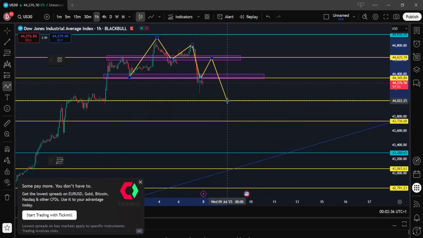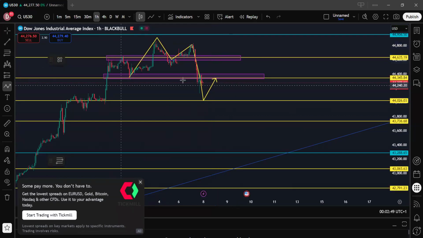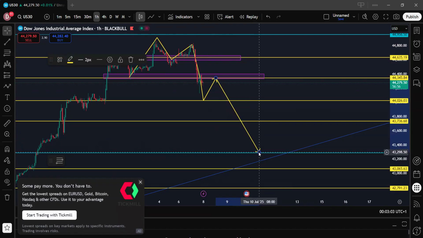Or if that does not take place, we could potentially see a push to the upside and then a retest along this level here, with a continuation push to maybe 43,800, or back to 43,290, which is around this level right here.